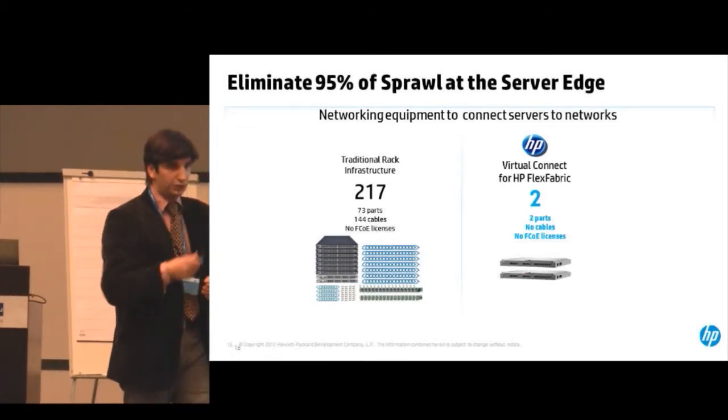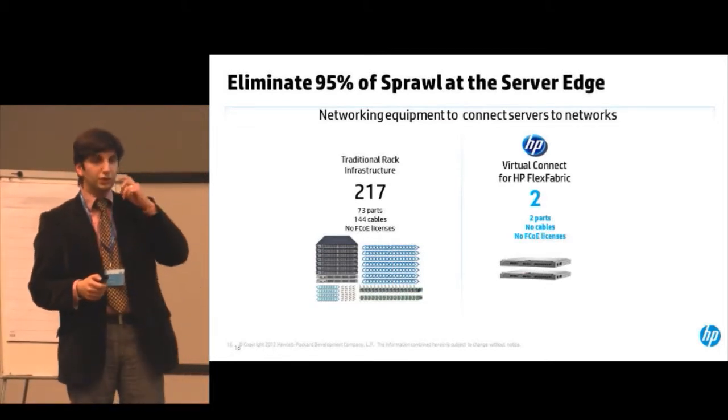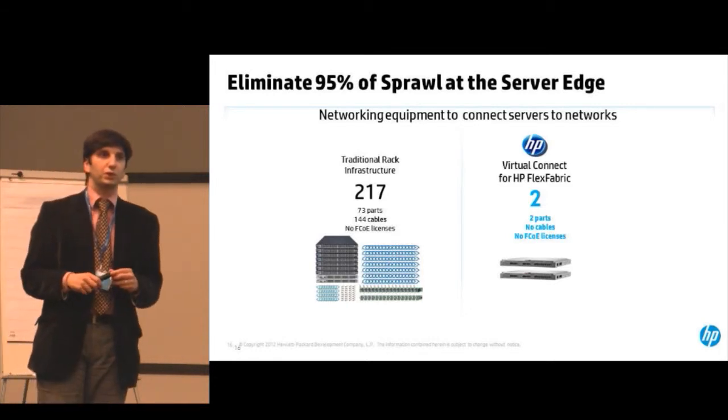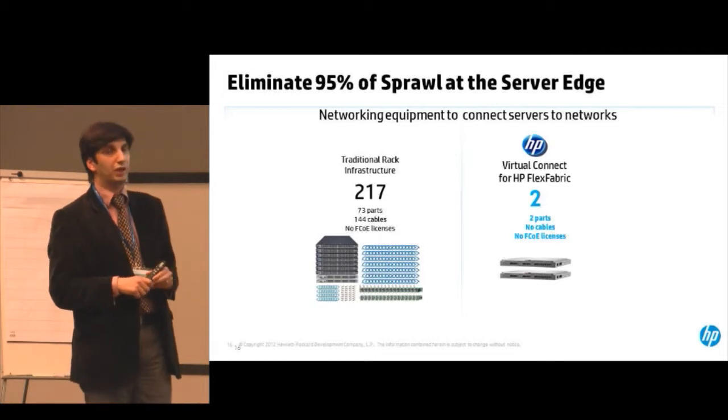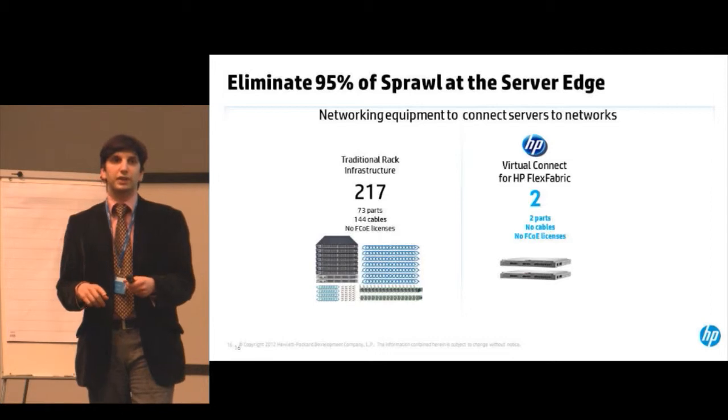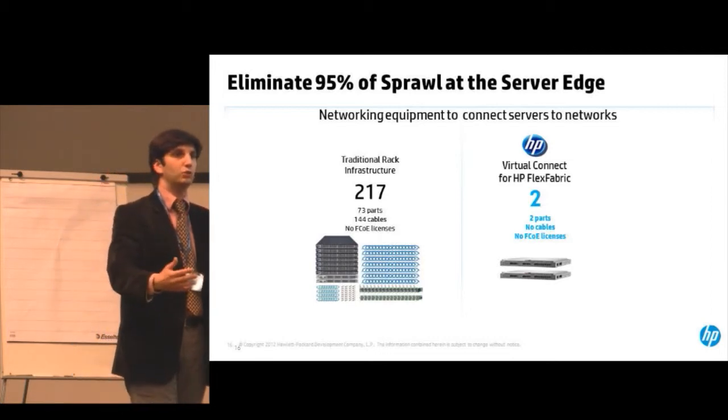The changes become even more significant if we compare it to the standard rack mount server configuration, because the Virtual Connect Flex Fabric was really the moment when we started to see the upfront cost benefit out of the blade system.